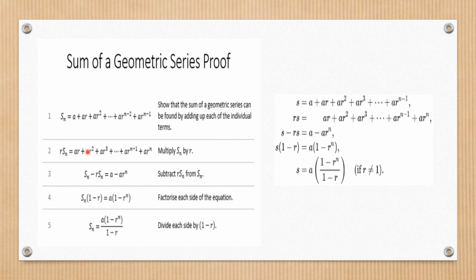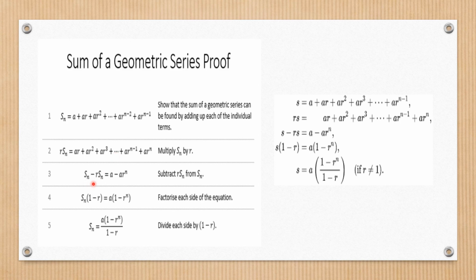Similarly, if we keep on going like this, you will find that the last term AR raised to power n minus 1 will be cancelled by this. So this equation will have just the first term left, and this will have just the last term left. So I will get Sn minus R times Sn as A minus AR raised to power n, after subtraction 1 minus 2.